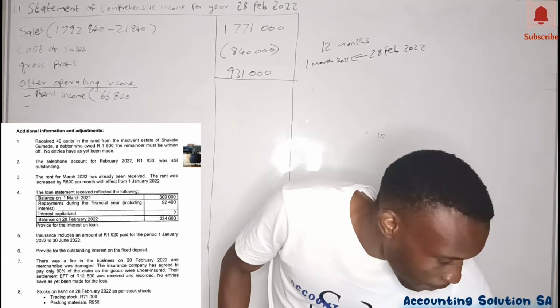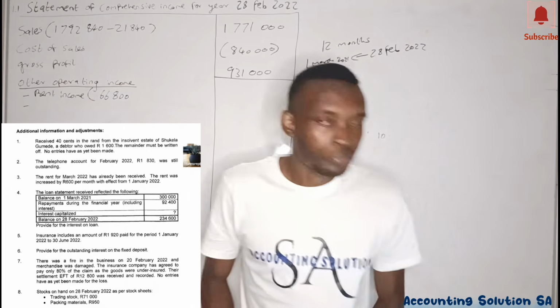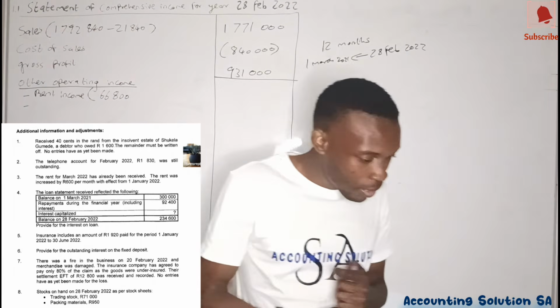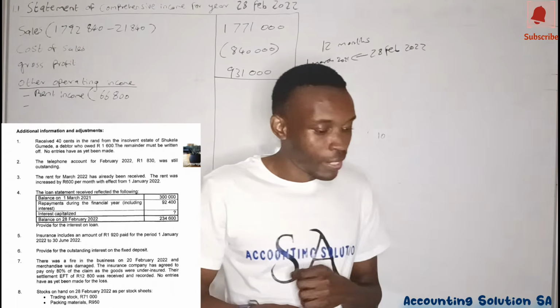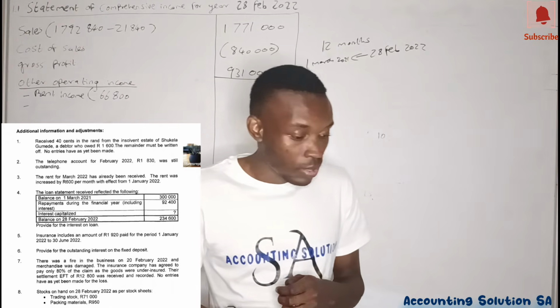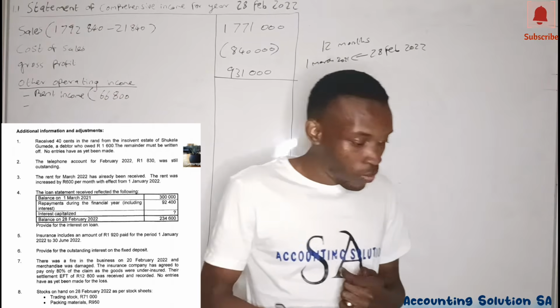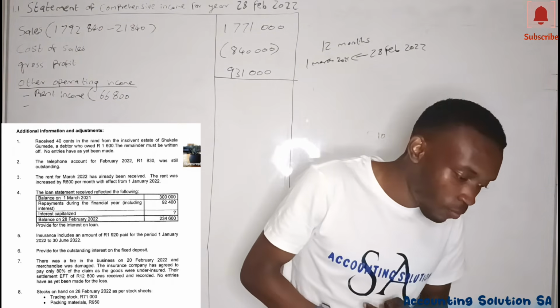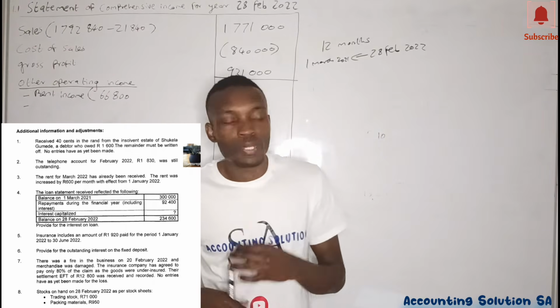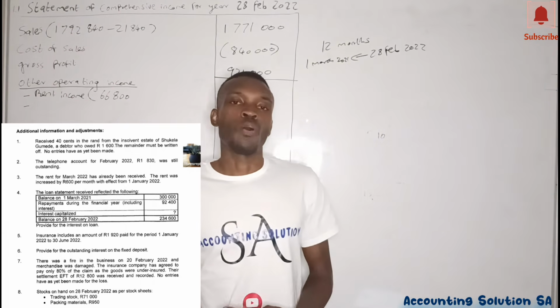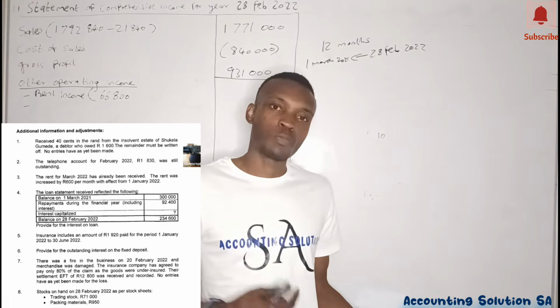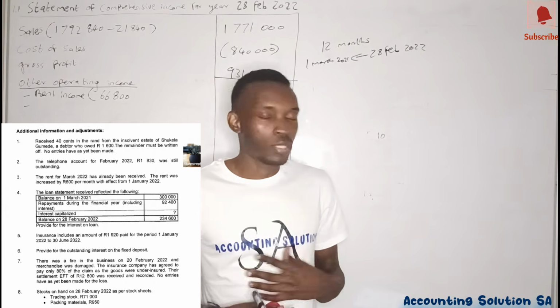It's transaction number 3. If you still remember, they said the rent for March 2022 has already been received. Then they said the rent was increased by 600 per month with effect from 1 January 2022. So like I said before, guys, we have applied the accrual concept.